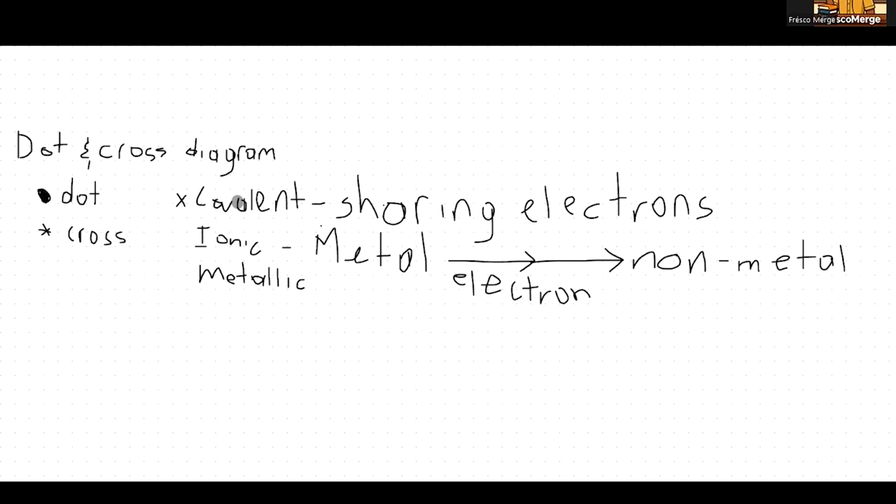And then metallic is just, for example, a metal surrounded by a sea of electrons. So for example, you have sodium surrounded by a sea of electrons. That's what we mean by metallic bonding. A simple diagram to represent that is a metal surrounded by a sea of electrons.